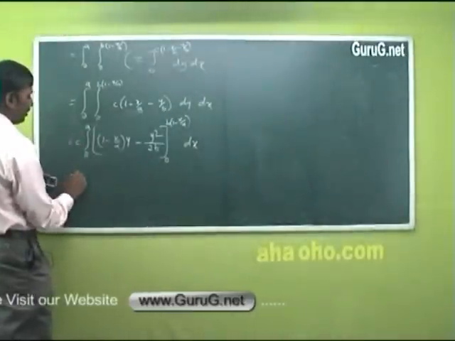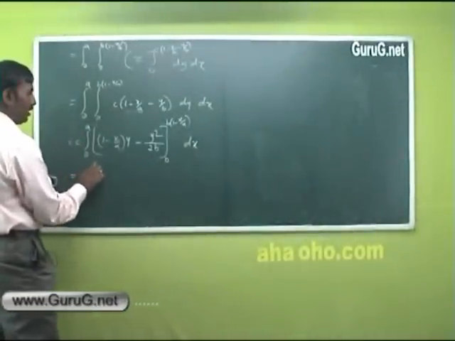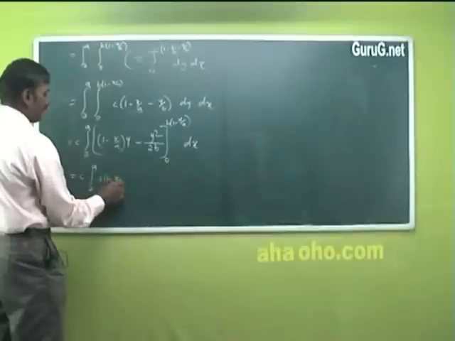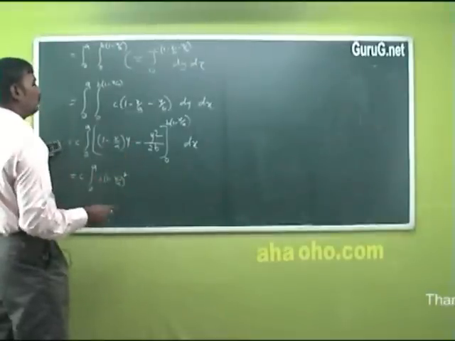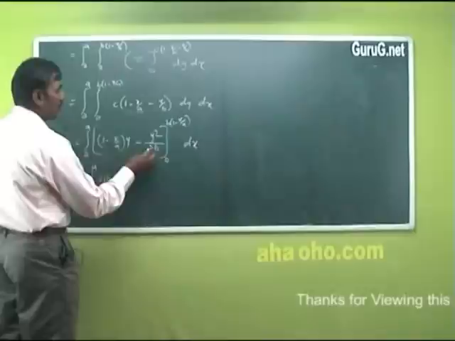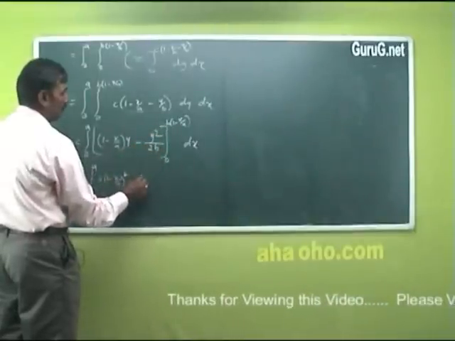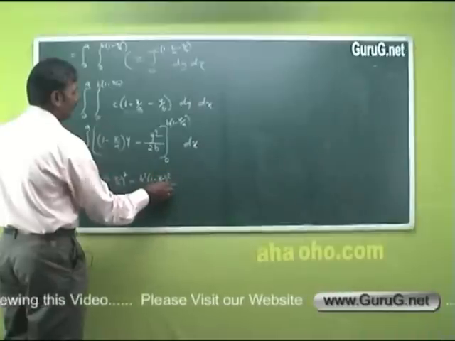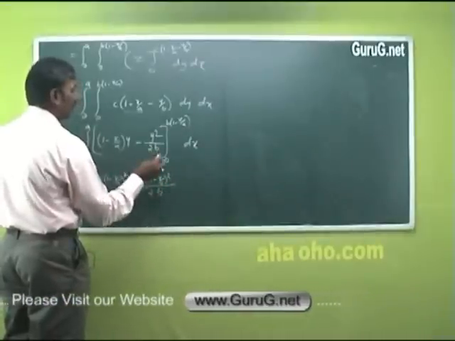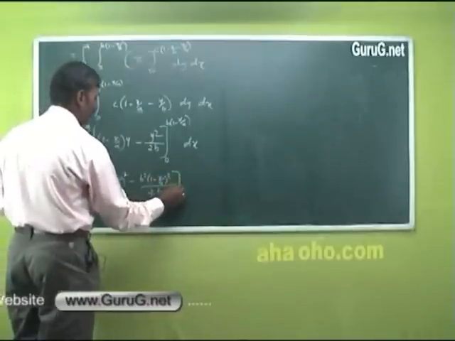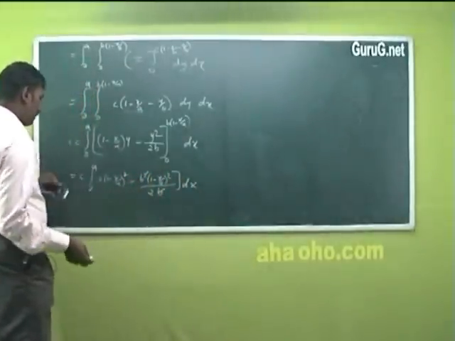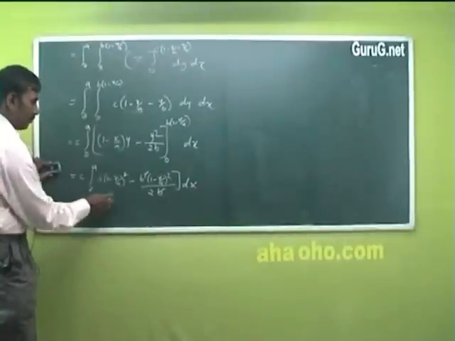Now I substitute the limit. Substituting b into 1 minus x by a, the whole square, minus b squared into 1 minus x by a the whole square by 2b; when substituting 0 it is 0, dx. Now one b cancels. What is common here? Can take b outside.